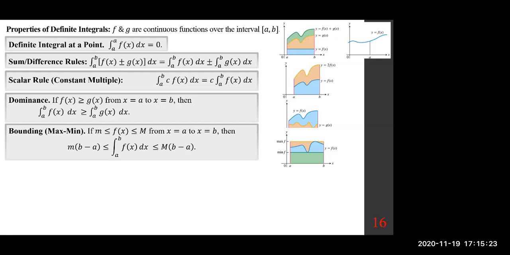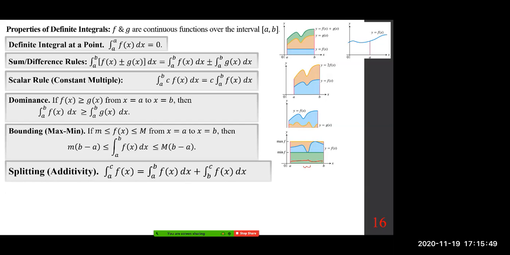But the height is f of minimum, f of maximum, or f varies. That's why it's between the two: lowercase m times b minus a, uppercase M times b minus a, and the integral of f of x dx.